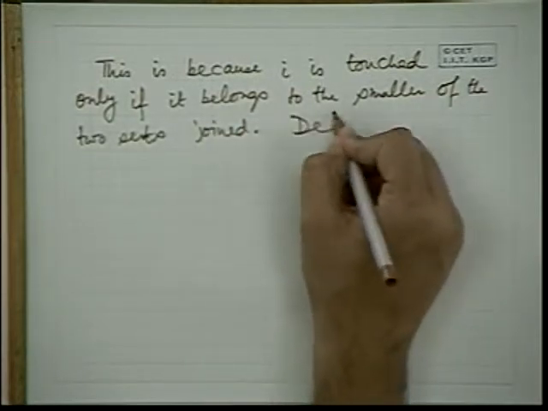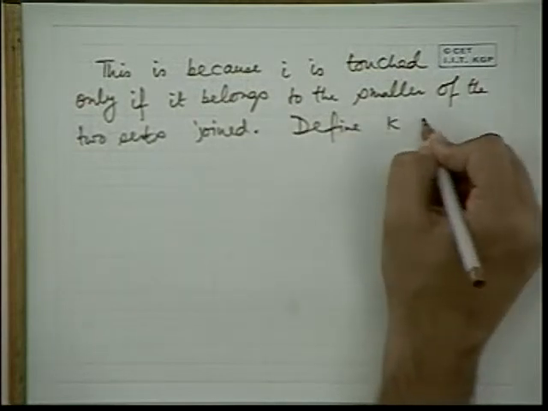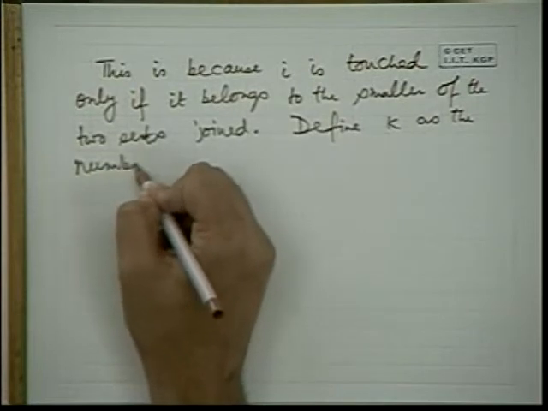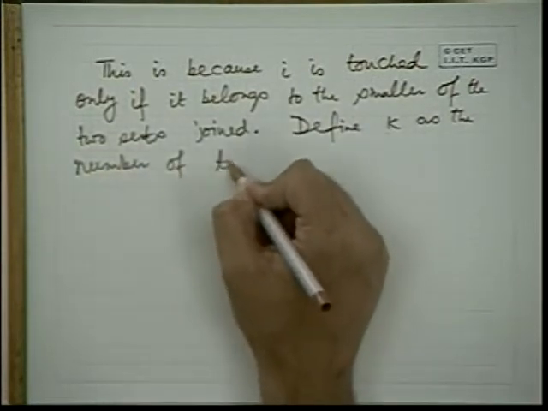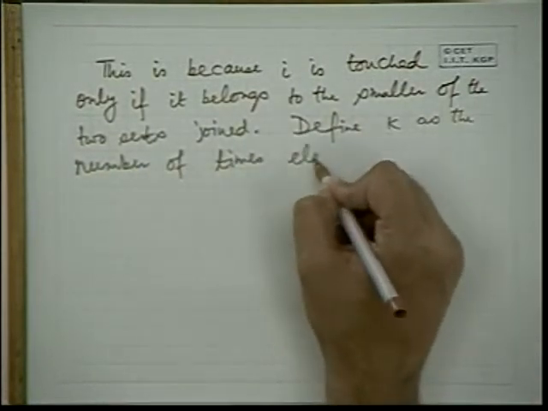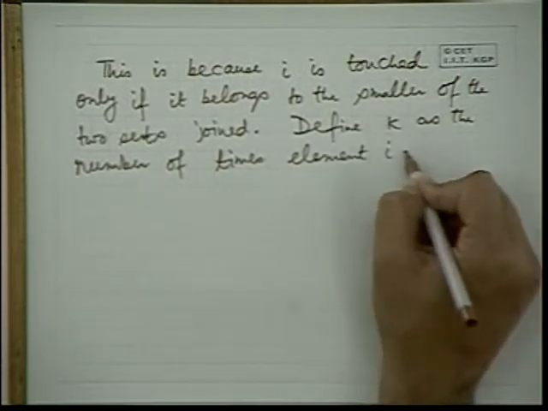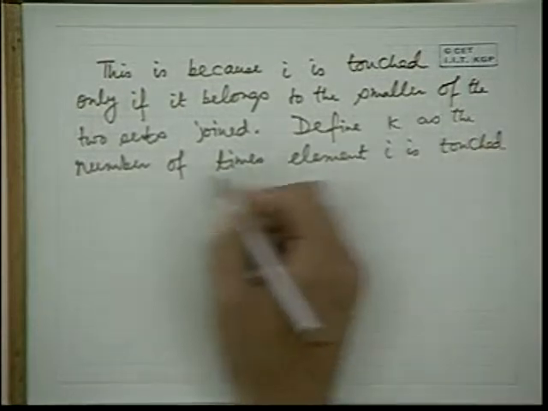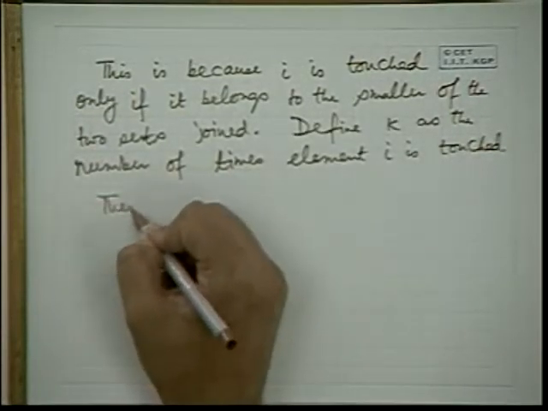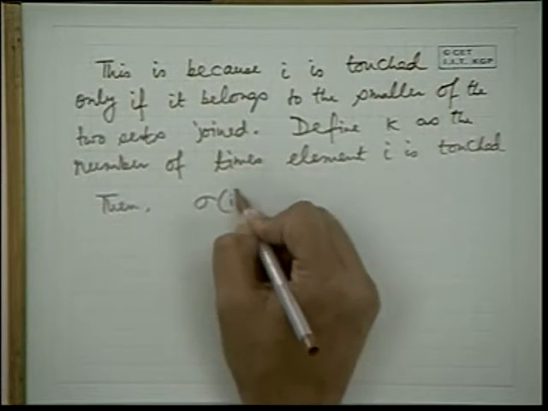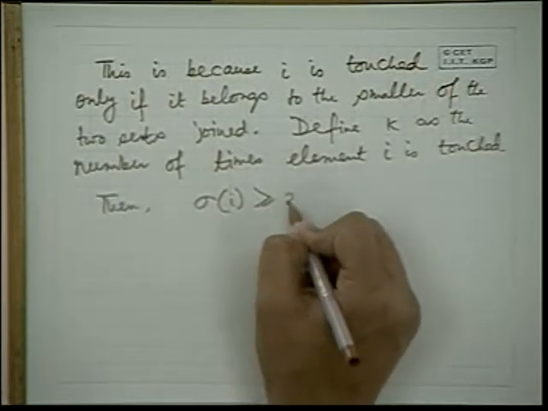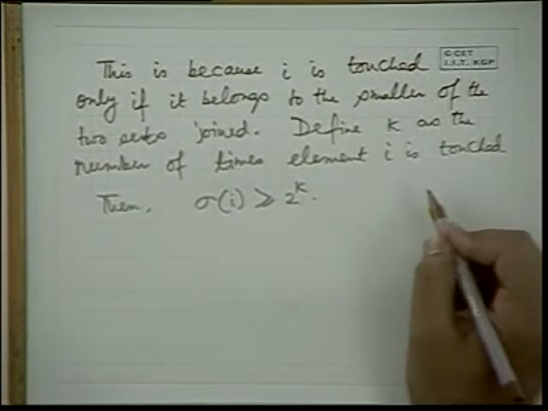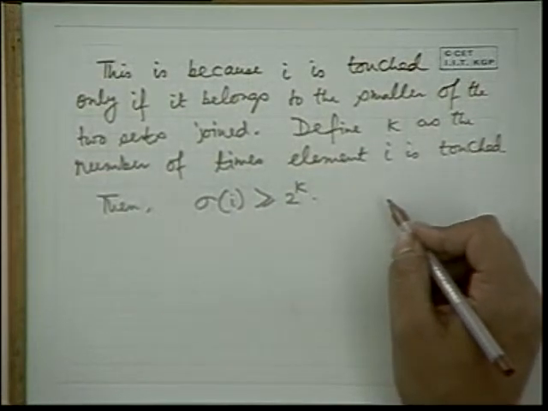So define now k as the number of times element I is touched. Touched means changing its name. Then we know this is true: sigma I is greater than or equal to 2 to the power k, because every time the size is at least doubling.